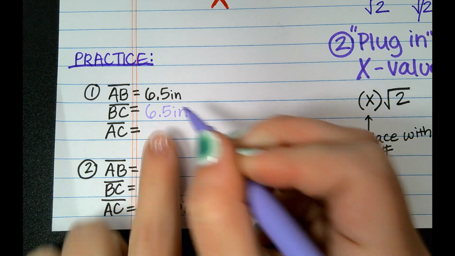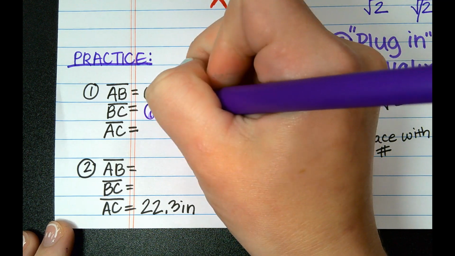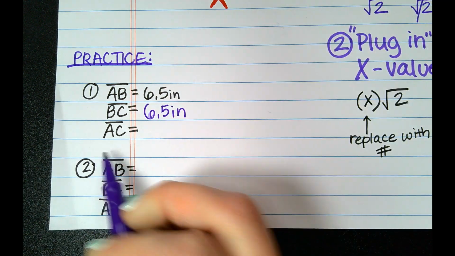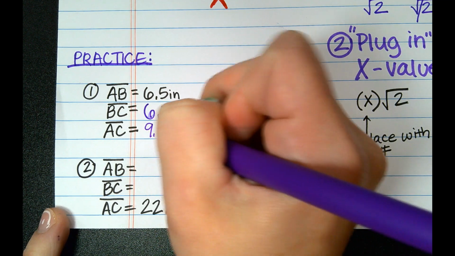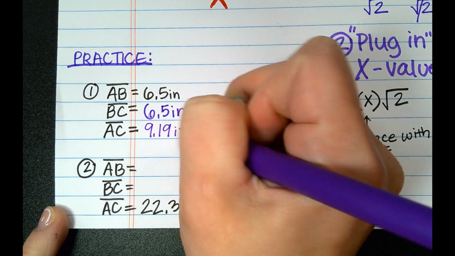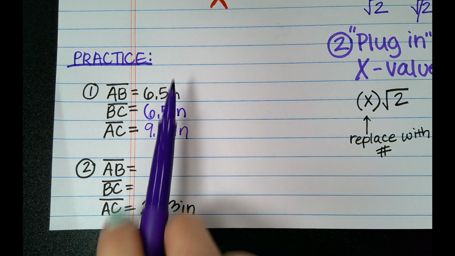Both of these are the same. What about A to C? 9.19 inches. 9.19 inches. Can anybody explain how they got these values?